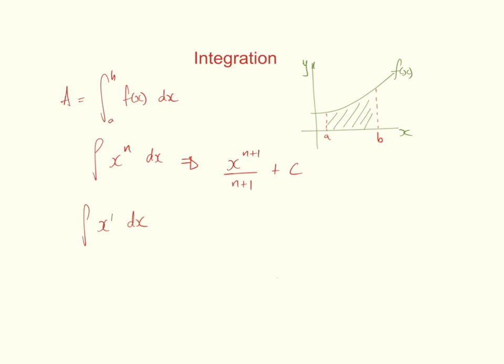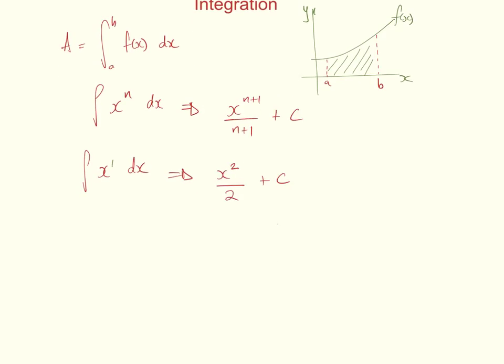So what I'm going to do now to follow the rule, this then becomes x to the power of 2. Remember, the power of 1, I will now add 1 to it, and then I'm going to divide by that power, and I'm going to put a constant on the end, and that is done. It is that simple. All we do is add 1 to the power and divide by that new power, and you're done. Okay, that's pretty straightforward, right?